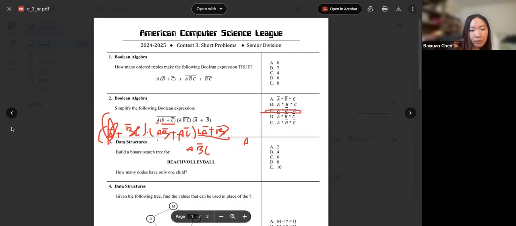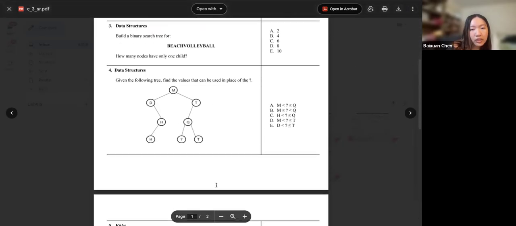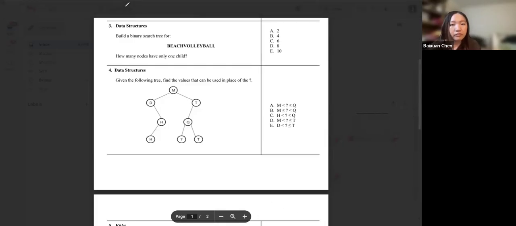Okay, now build a binary search tree for this. Again, we'll just build it and then see how many nodes have only one child. So we start with the parent, then E is bigger than B, so then we go to the right. A is less than B, and then C is less than E but bigger than B. H is bigger than E. V is also bigger.